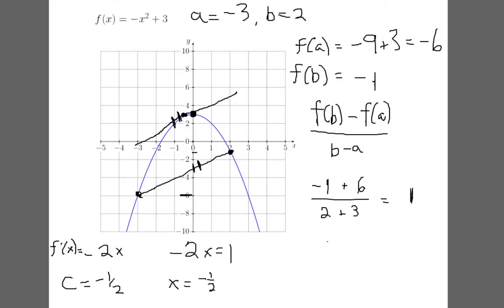And in the case that we wanted to find the exact coordinate of this, we would just plug our c into our original function. So we're going to find the ordered pair at which c is located on the Cartesian plane. So we would plug -1/2 into our original function. So that would be -1/4 plus 3.